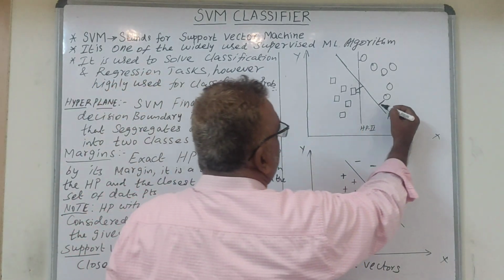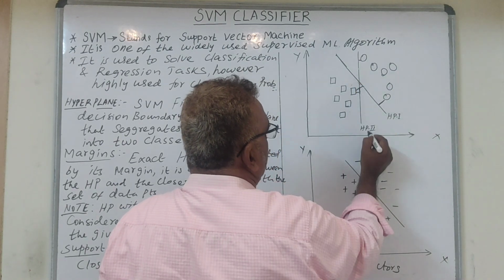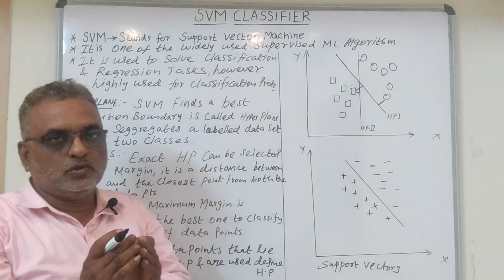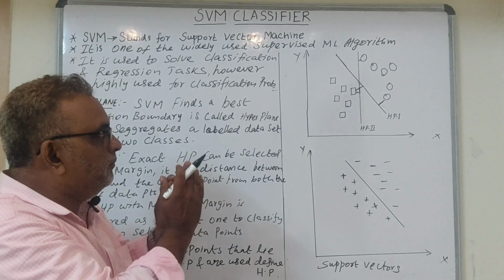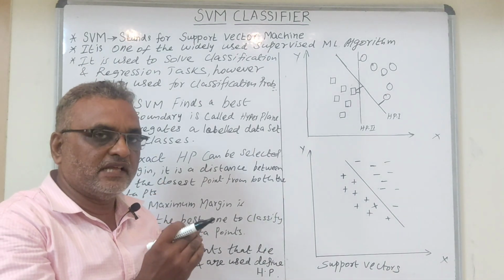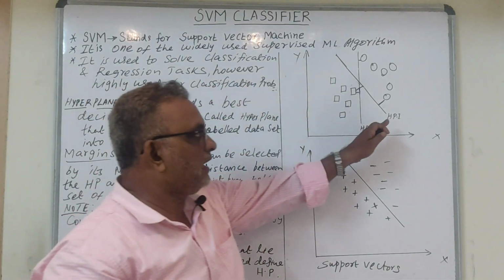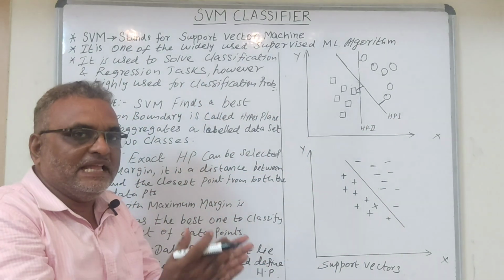Here the margin is larger, whereas for hyperplane 2 it is very close. So that is the idea of margin. The margin with maximum distance is considered the best margin, and that particular hyperplane is the best one which classifies the data exactly.